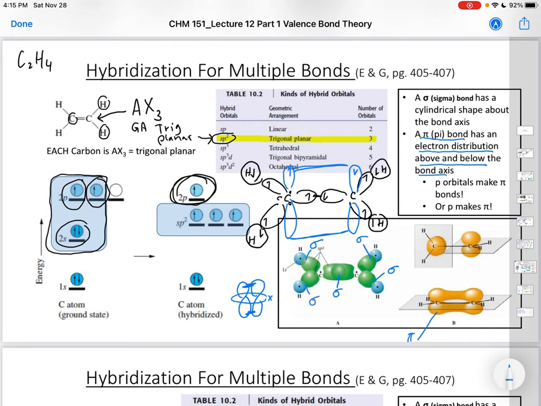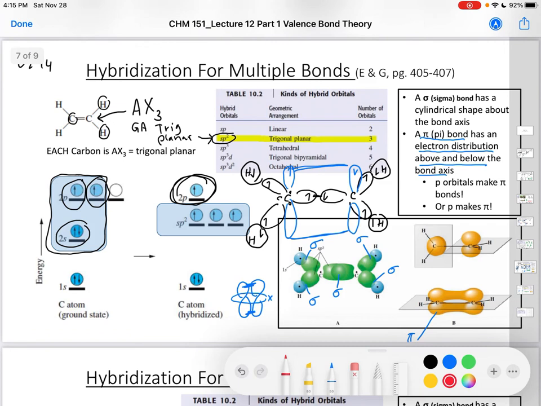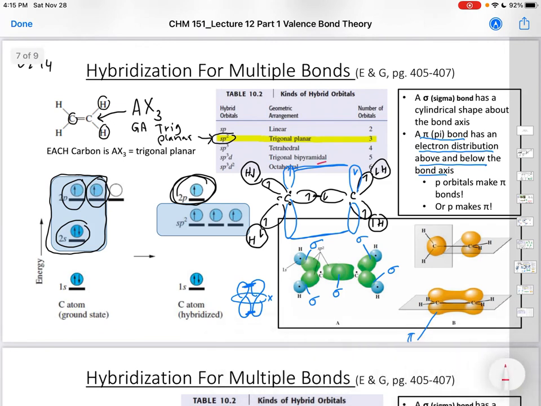And then there is your pi bond, right? So if you wanted to label it in your orbital picture, this would be your pi bond. This would be your sigma, your sigma, your sigma, and your sigma. Okay, so in this particular model, you have, and one more here, between here. It's 5 sigma bonds and 1 pi bond.